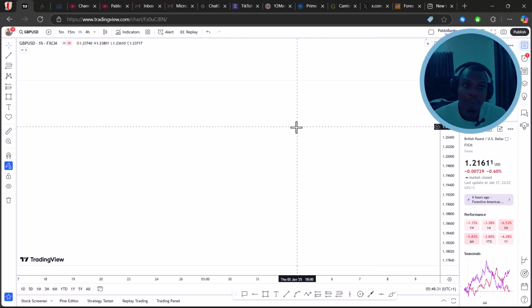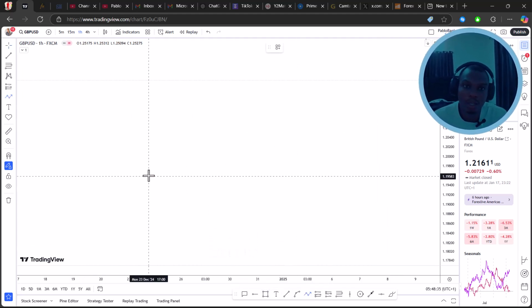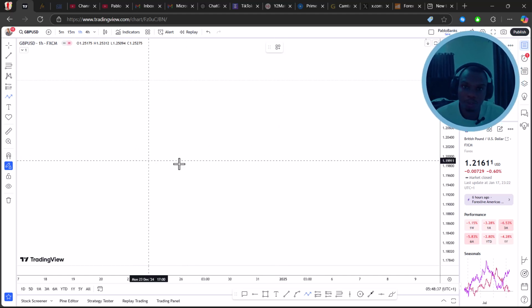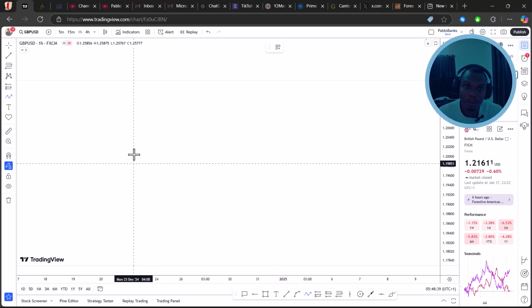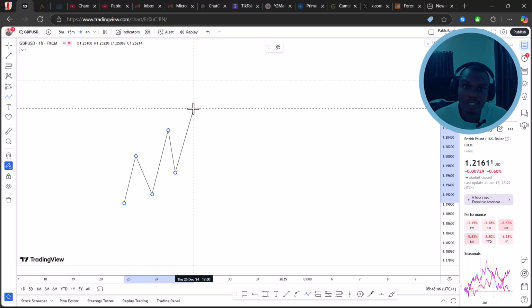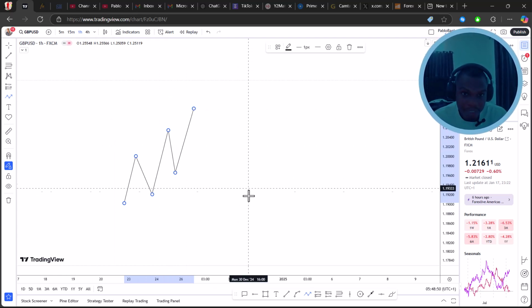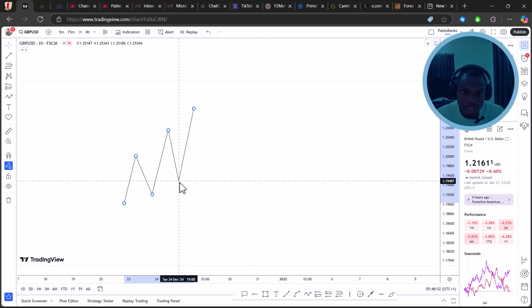First of all, I named three concepts that I use here, which is ICT, SMC, and market structure. What do I mean by market structure? Market structure is when it goes up, down, up, down, up. This is pure market structure, which is uptrend. Everyone knows it. Then what do I get from SMC?